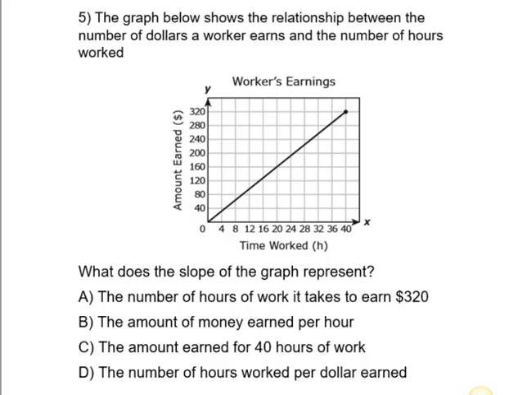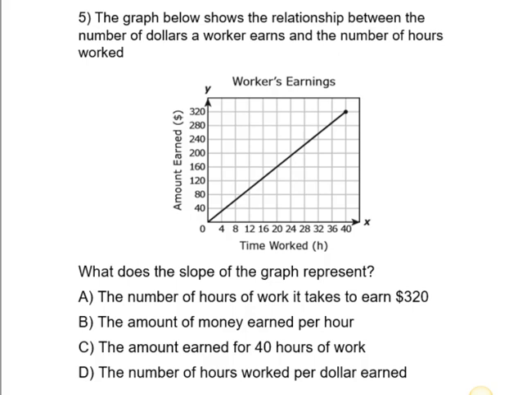A, the number of hours of work it takes to earn $320. B, the amount of money earned per hour. C, the amount earned for 40 hours of work. D, the number of hours worked per dollar earned. All right, let's take a look at our graph.